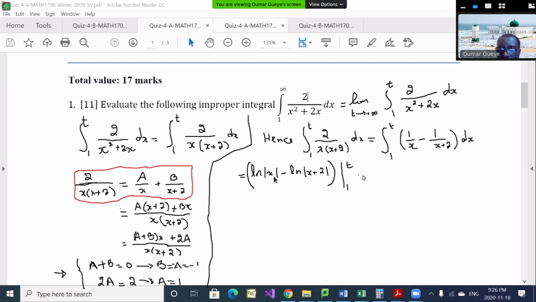If you calculate this integral at t, you get ln of the absolute value of t minus ln of the absolute value of t plus 2.